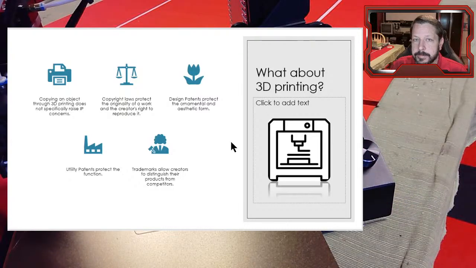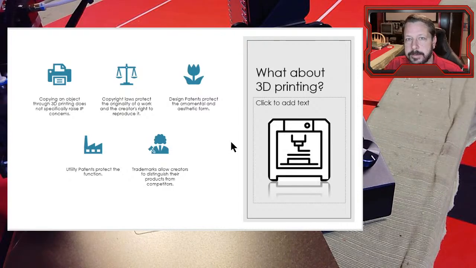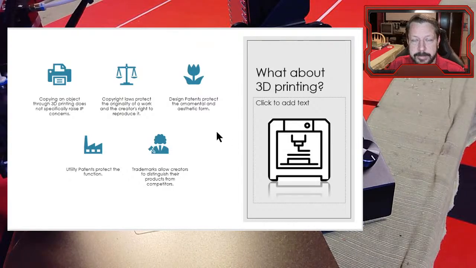So where does that line end for, well, I downloaded an STL file, but I myself sliced it using Cura, or maybe I wrote my own slicer. So am I violating a copyright law, because I didn't copy the STL, but I used the STL to create this other thing? So there's all these little minute questions that have to be sorted out.